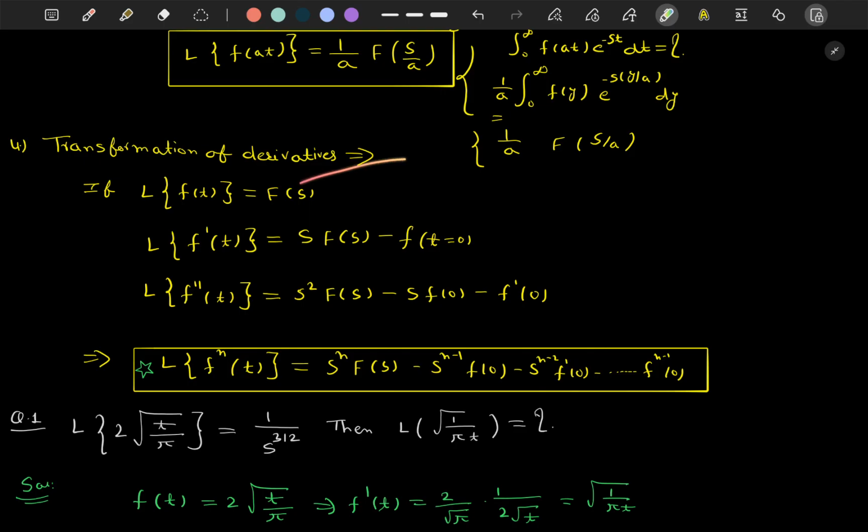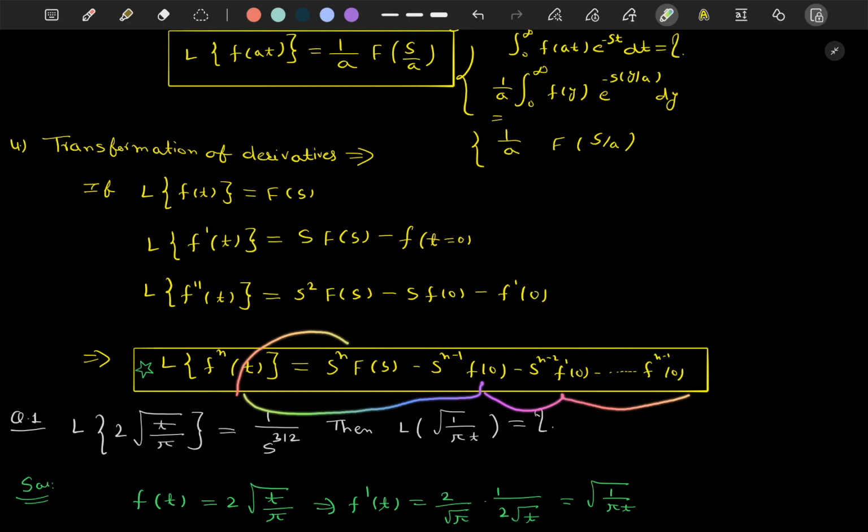Now transformation of derivative. Suppose we have the Laplace transformation of the function, then what will be its derivative? s F of s minus f of t at 0, right, we have to remember it. s F of s minus f of 0. If it is a double derivative, then s square F of s minus s f of 0, and one more minus f prime of 0. So for the nth derivative, s raised to power n F of s minus s to n minus 1 f of 0 and s to n minus 2 f prime of 0.